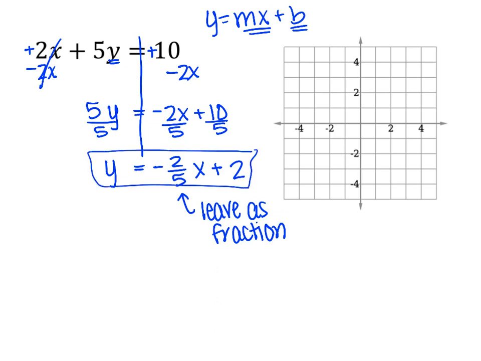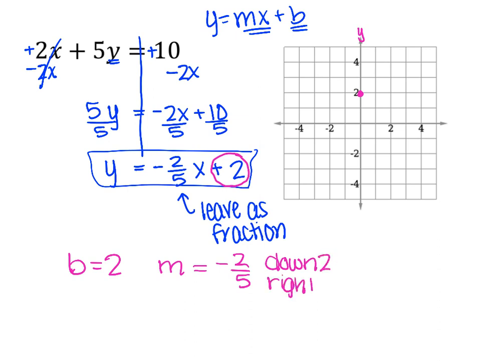Now how do I graph that? In order to graph that equation, I need to say what my b is. That's what I put on my graph first. So I know that my b value is 2. So I'm going to put a point at 2 for my y-intercept on my graph. It's always on that vertical axis that I start. And then my slope, m, is -2/5, which means I go down 2 and then to the right 5.